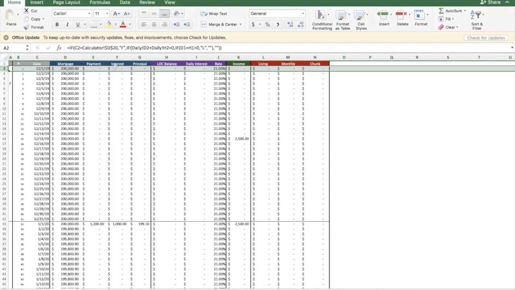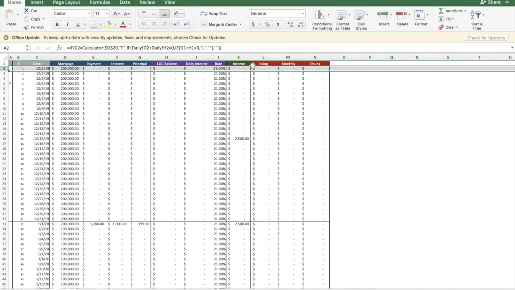The blue section is the mortgage information. The purple section is our line of credit information: the balance of the line of credit, how much interest is being charged on a daily basis, and the rate. The green section is your income, split into halves, so you're paid in the middle of the month and at the beginning of the month.